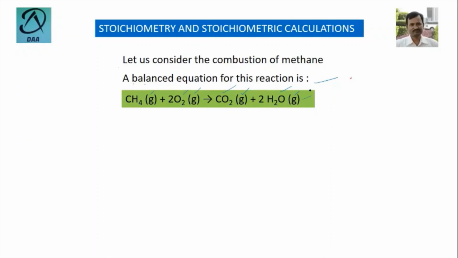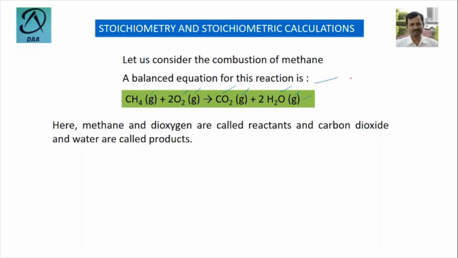We have to remember that when we give a chemical equation, the state of its reactants and products also you have to mention, either gas or liquid. For liquid you have to mention small l, and if it is solid then you have to mention small s in the bracket. Here methane and this dioxygen O2 are called the reactants.